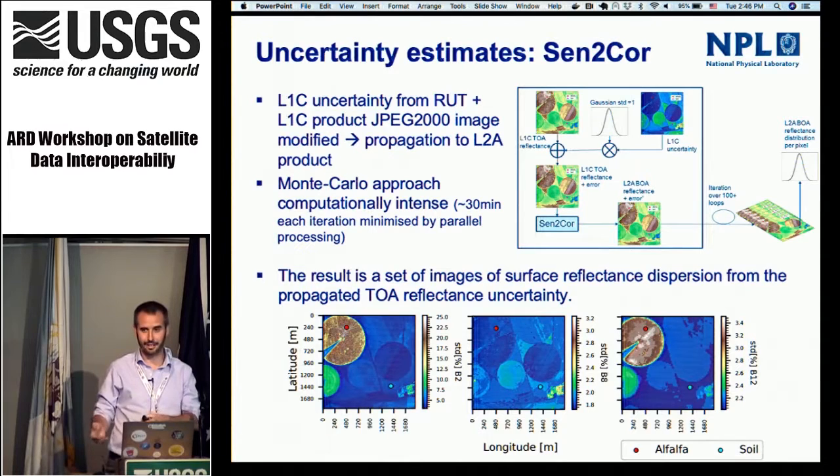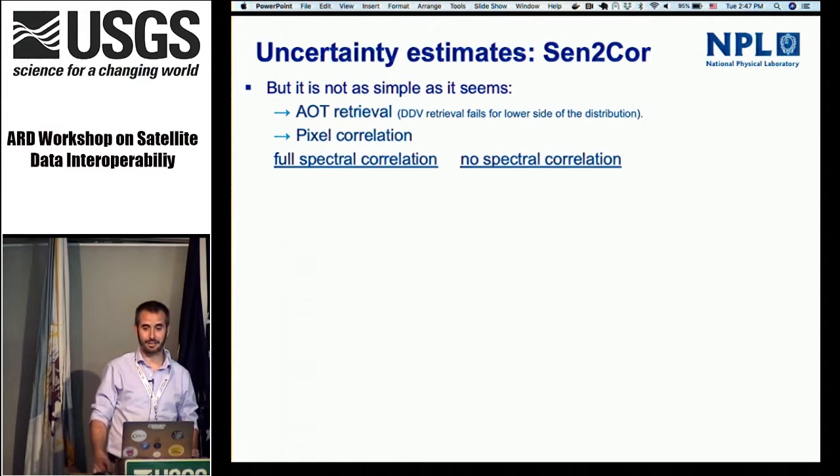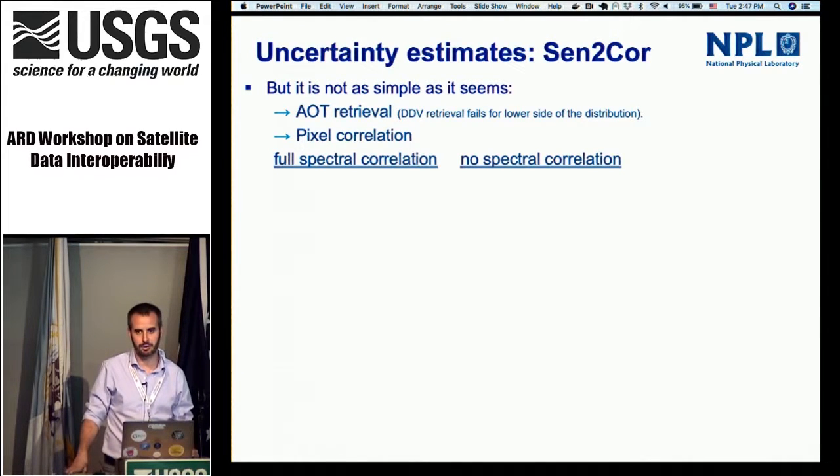I thought it was enough, that I had the values I could ingest into the validation campaign, but then I took a closer look and it was not as simple as I thought, because there are many considerations. The first and most important is that Sen2Cor and many other atmospheric corrections introduce an aerosol optical thickness retrieval.